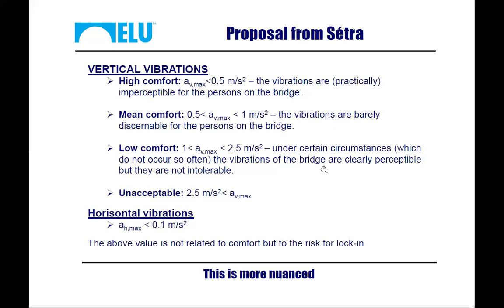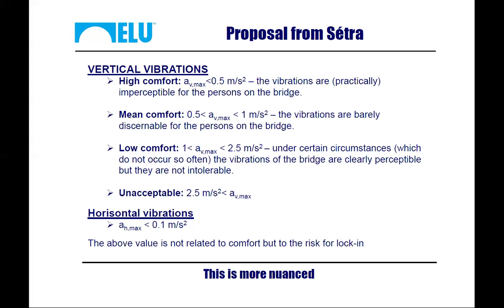You see here, these values are not in any way related to the dynamic characteristics of the bridge, of the motion. Whatever the frequency of the motion is, if the value of the maximum vertical acceleration is less than 0.5 meter per square second, then vibrations will be considered very low and a high degree of comfort will be achieved, at least according to CETRA.